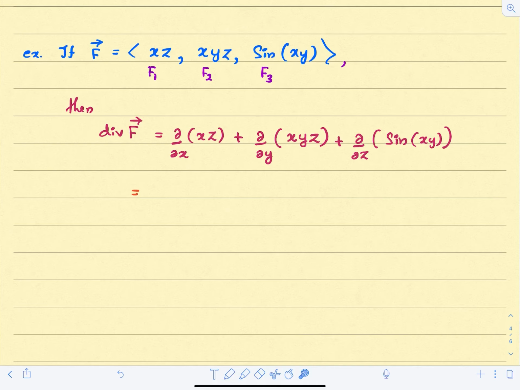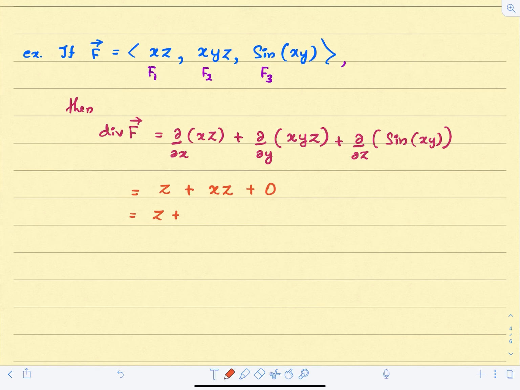Therefore, the derivative of xz with respect to the x variable equals z, plus, using the same argument, the derivative of xyz with respect to the y variable becomes xz, plus, now with respect to the z variable, this entire quantity is a constant because this one does not have the z variable, and if you differentiate a constant with respect to the z variable, you should get 0.